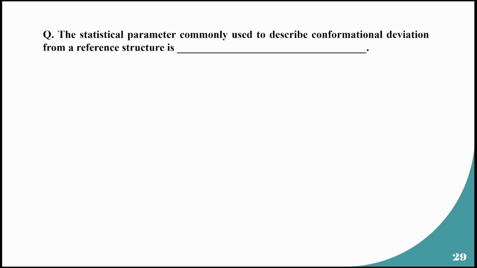Of course, there would be differences in the resolution, but there is one statistical parameter that can give us information about the difference between these two particular structures for the same protein. It is also highly important when you analyze a long molecular dynamics trajectory.